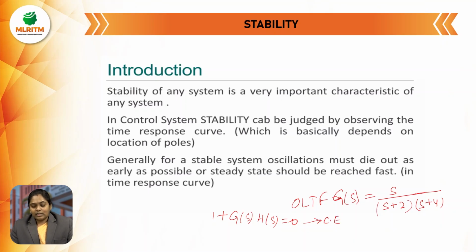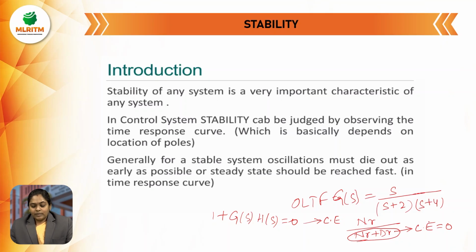In other words, the shortcut method to find the closed loop transfer function is numerator by numerator plus denominator. This numerator plus denominator part is called the characteristic equation. If we equate the characteristic equation to 0, whatever we get is the transfer function of the closed loop.